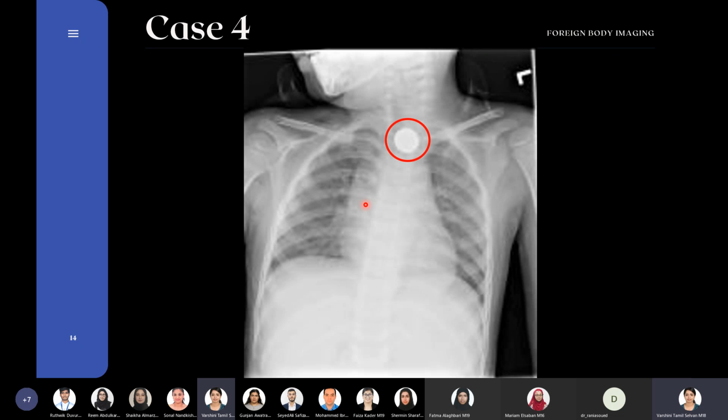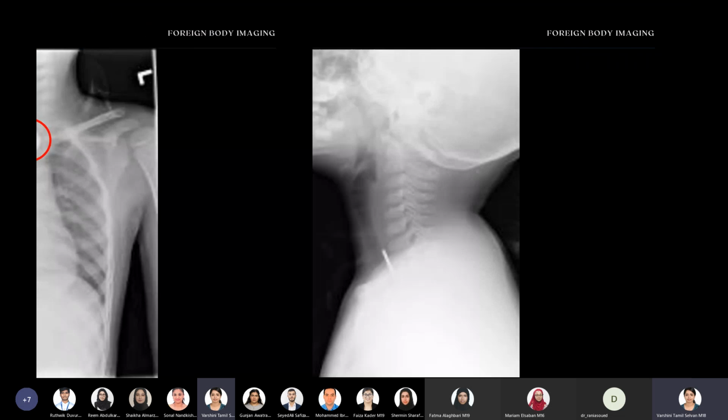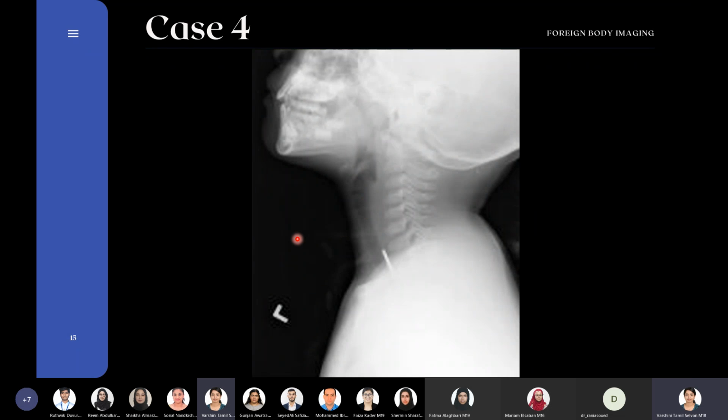So as you guys rightly said, it's a coin in the chest X-ray and it's over the upper thoracic spine. It's in his esophagus. And I will tell you how to identify whether it's in the esophagus or in the trachea. But this is the lateral view as highly demanded. Can you guys see the screen?